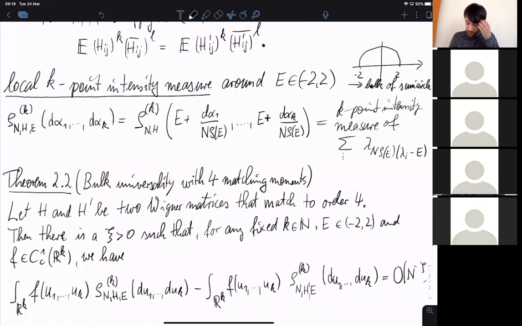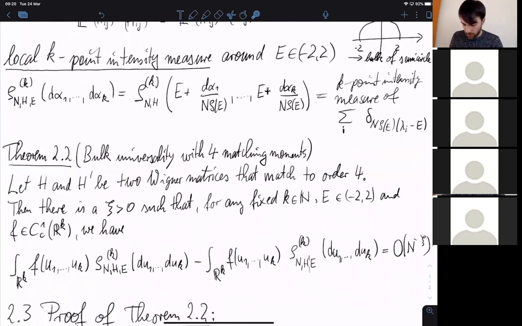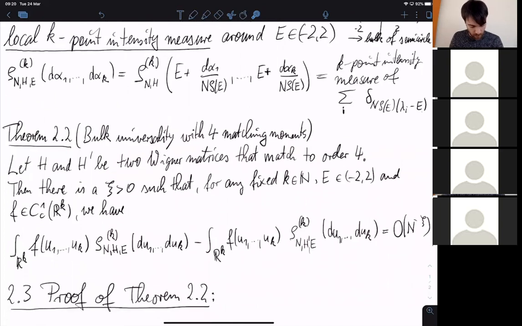Sorry, there's another typo, this should of course be a delta. So we shift all eigenvalues such that they are centered around E, and then we rescale them such that around E we are on the scale of the typical eigenvalue fluctuations, and then we sum up these Dirac measures. Then we get some stochastic process.